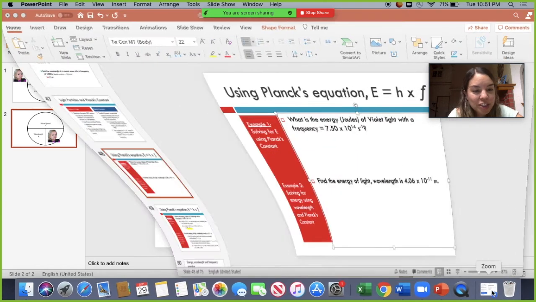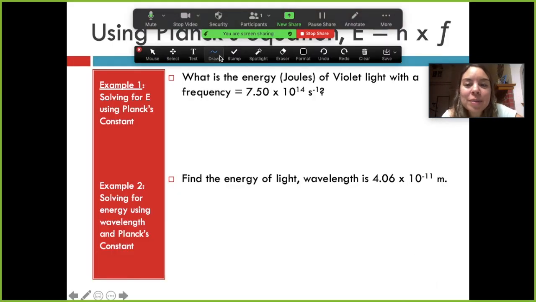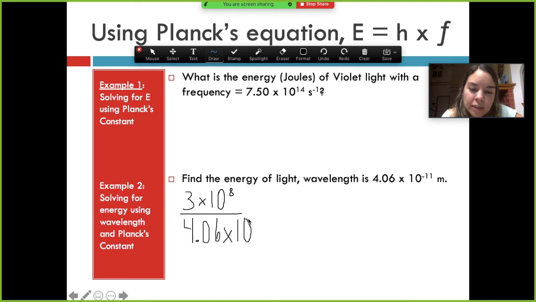Wave speed, like I said, is the speed of light, so the speed of light divided by wavelength, which is 4.06 times 10 to the negative 11.